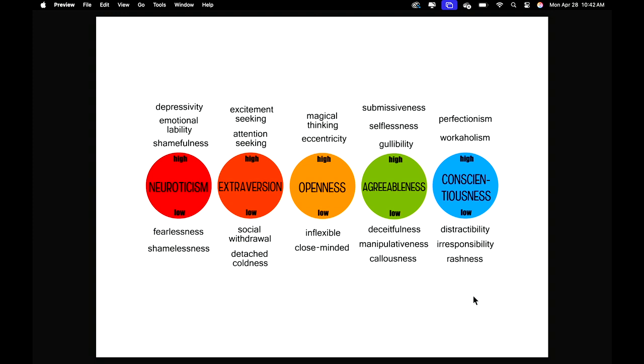But then it starts going outside the circle, let's say below, you start getting into social withdrawal, detached coldness. These are a little extreme. And then on the other end of extroversion, we have attention seeking, excitement seeking, maybe risk taking, those kinds of things. We see this kind of span for each one of these characteristics of our personality.